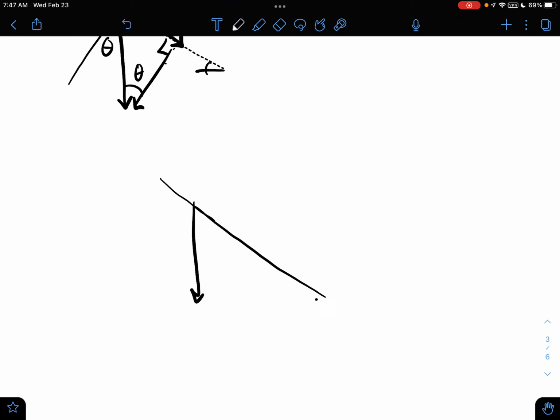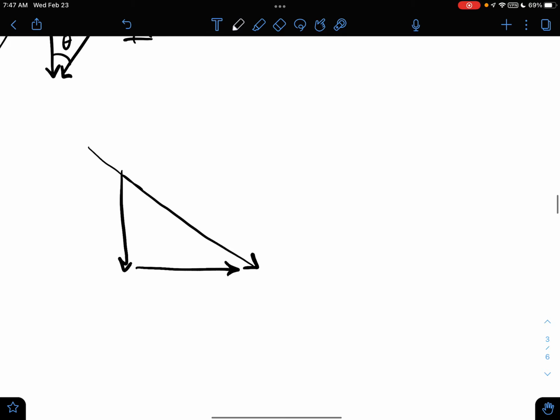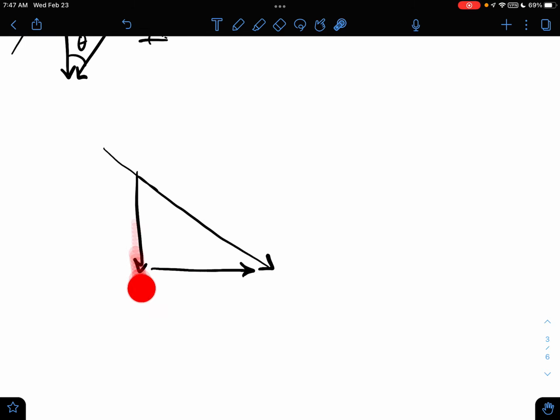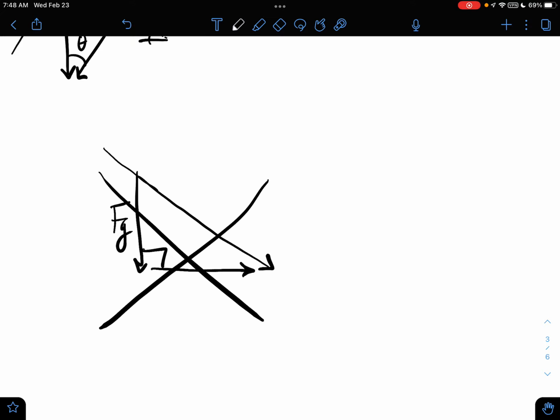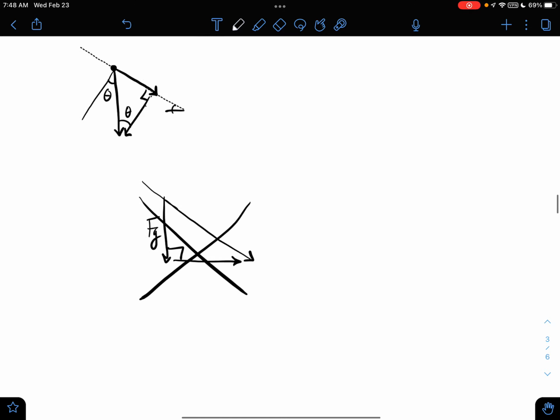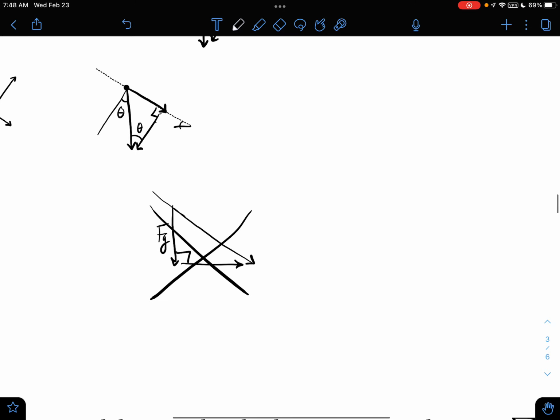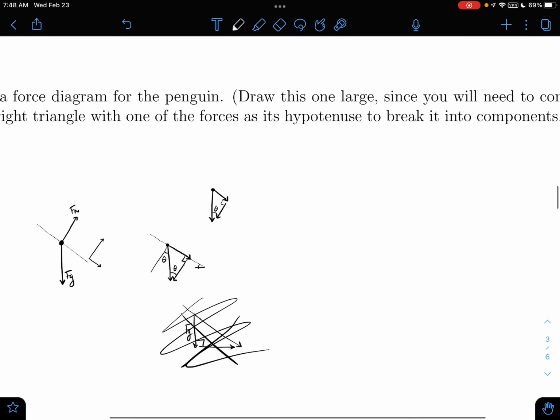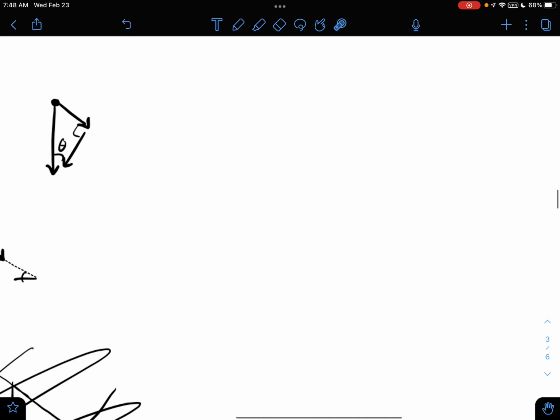If I want the this way direction and this way direction, it looks like it could be fine like this, but really, in this case, we wouldn't know the magnitude of this as a leg because it's weird, and now suddenly this is our FG. That's now a leg of a triangle. This is very, very illegal. Don't do this. This is not going to give you the right answer. The secret is make it the hypotenuse of your triangle.